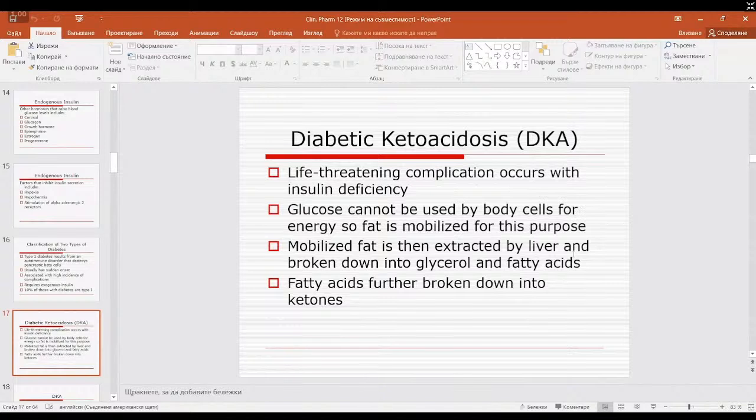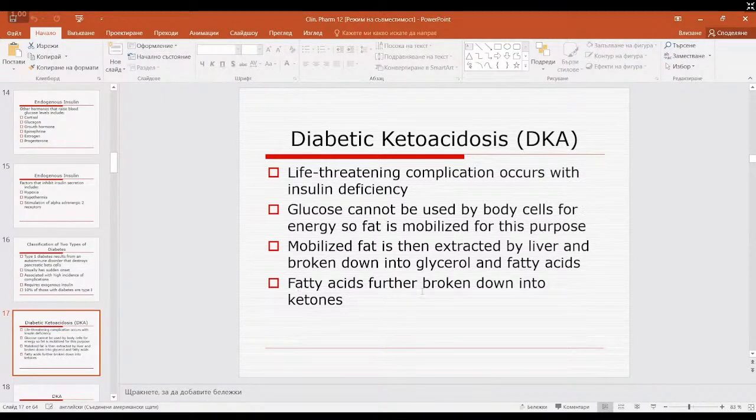Again, diabetic ketoacidosis, or DKA, is an emergency complication that happens with insulin deficiency. It can happen in type 1, but sometimes also in patients with type 2 diabetes. This is when the organism starts using fats in order to get energy, because the glucose cannot be utilized due to the absence of insulin.